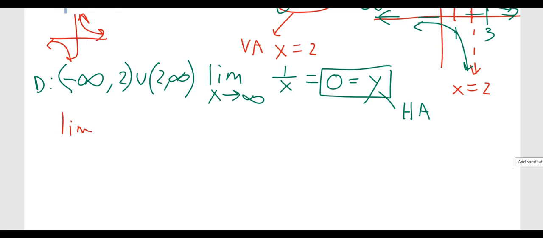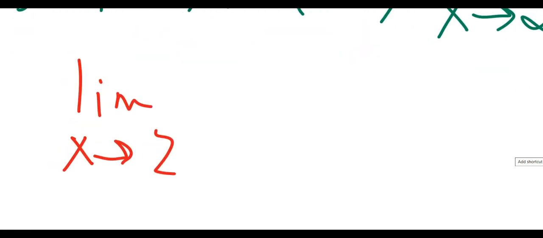The limit as x approaches 2, how do we say from the left? Here, I need to zoom in. We use that little exponent, which looked like a minus sign, right? Just for abbreviatedness, we'll just use f of x.